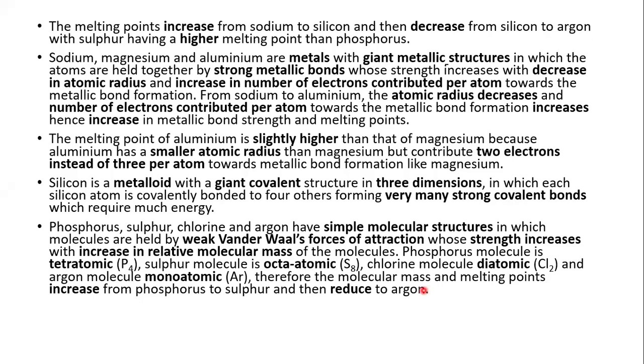The ions are held by strong electrostatic forces, by ionic bonds, which require very, very high energy for sodium chloride and magnesium chloride to boil. These were chlorides of elements of period 3 that they asked.